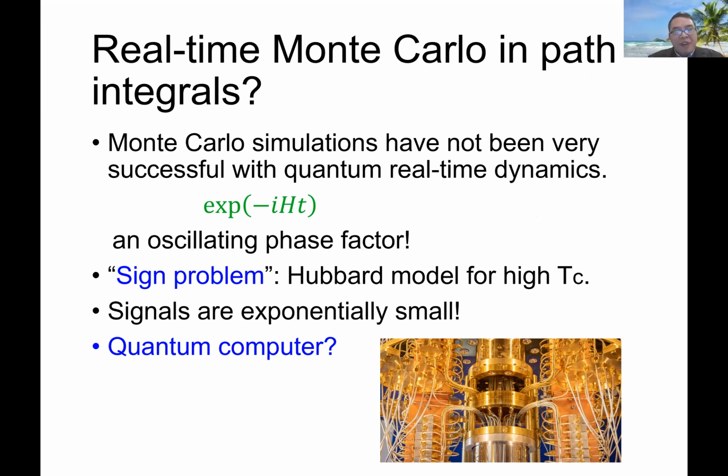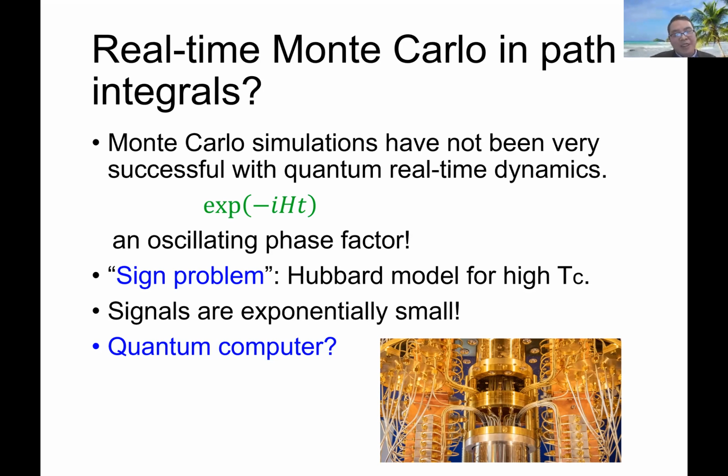It has not been very successful because you have to deal with real-time dynamics. Again, you're talking about light cone correlations, and therefore real time is involved. This is an oscillating phase factor with an i, and it's numerically impossible to do at present. It also goes under the name of a sign problem.